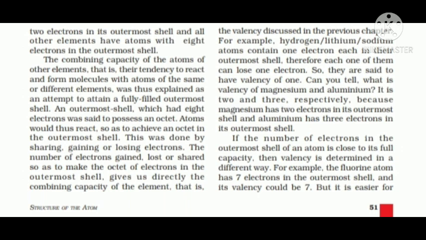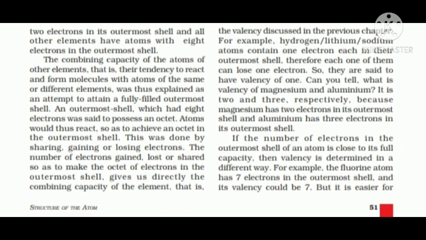Na has 1 electron in the outermost shell. Cl has 7 electrons in the outermost shell. So Na loses its electron, or transfers its electron, to Cl. Cl gains 1 electron from Na, forming the compound NaCl. This is how different elements or atoms of the same element combine. I think you might have understood.